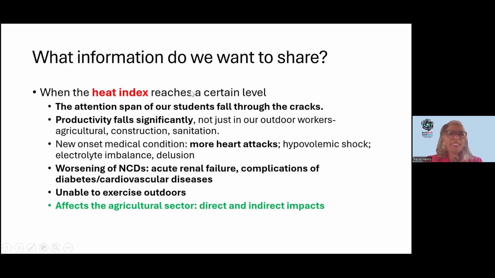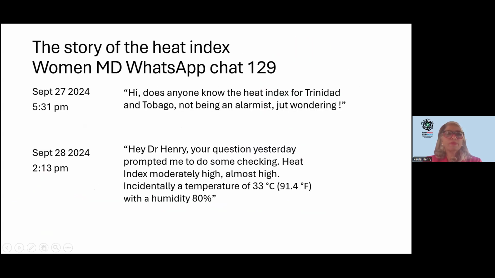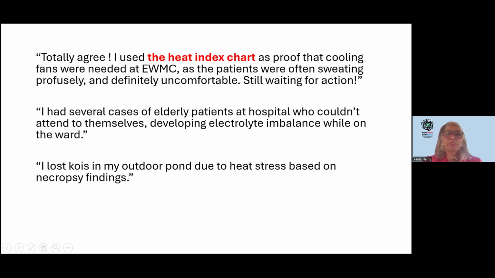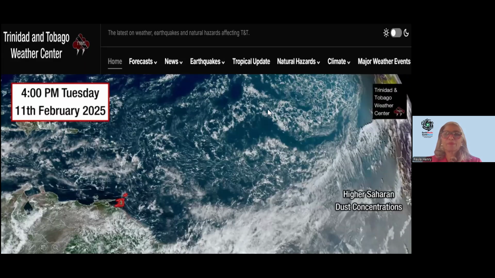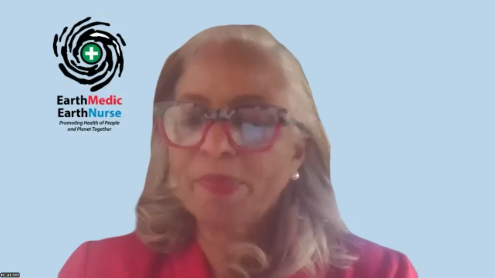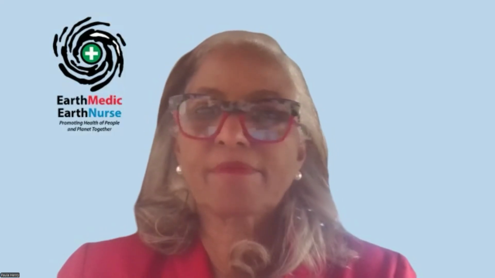So, what information do we as doctors want to share with the powers that be? We want to tell people, I just want to make sure that I have the correct slide here, as I didn't jump a slide. Okay, I am jumping. Sorry, I'm a bit immature with this. So I'm going to go back again. You all are seeing me?